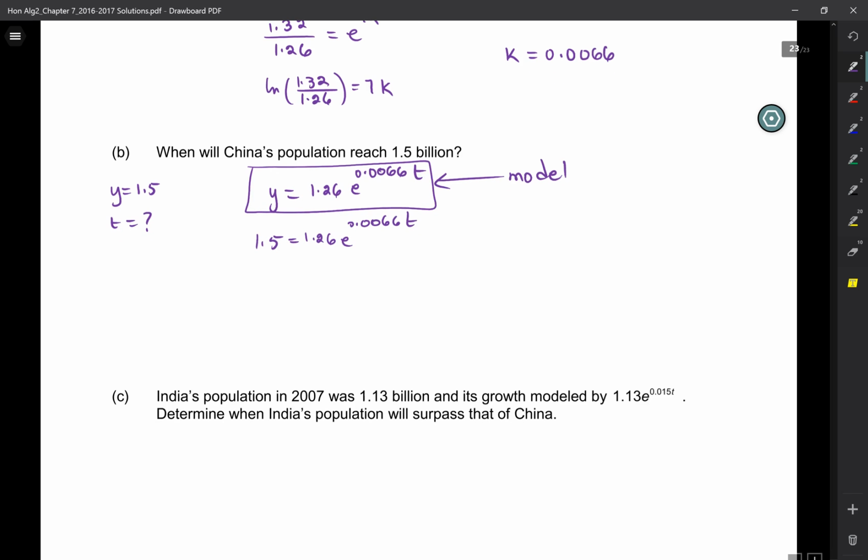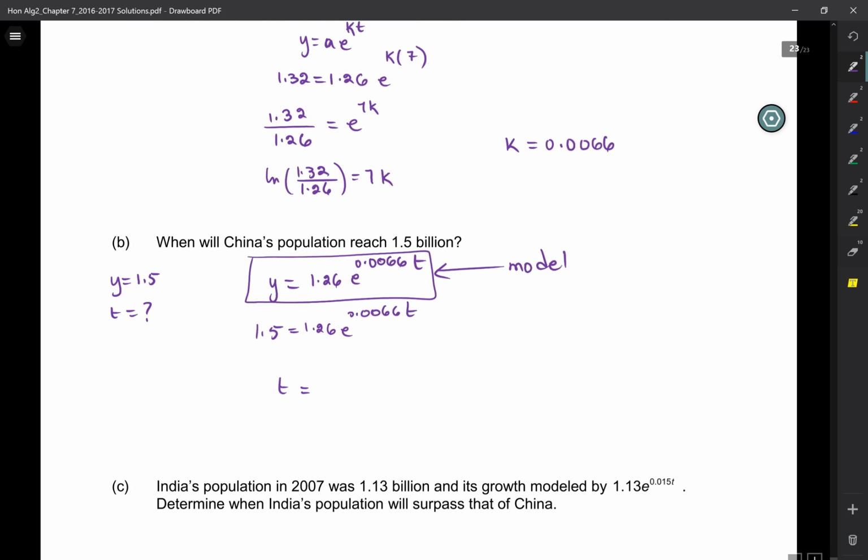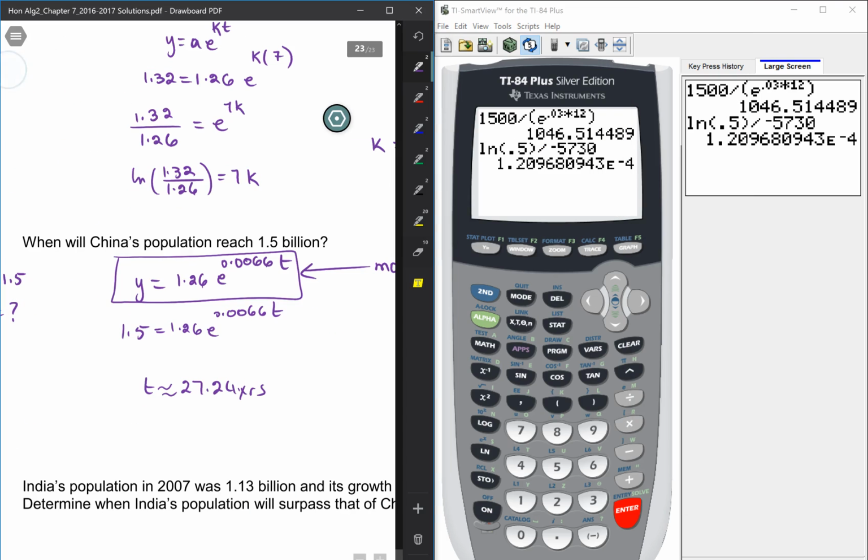Okay, so we solve this. I'm going to let you guys do the solving. So how much is t? So it's 27.24 years. Now, it doesn't say in how many years, it says when. So let me just put it in the calculator.